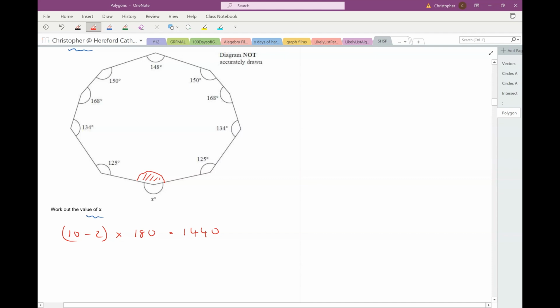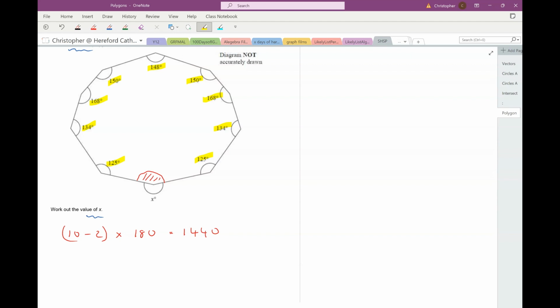So I've got 9 of those interior angles. On my calculator, I'm going to add up all these 9 numbers, and then I'm going to subtract that from 1,440 to tell me what that red angle is. So 125 plus 134 plus 168 plus 150 plus 148 plus 150 plus 168 plus 134 plus 125, 1302.